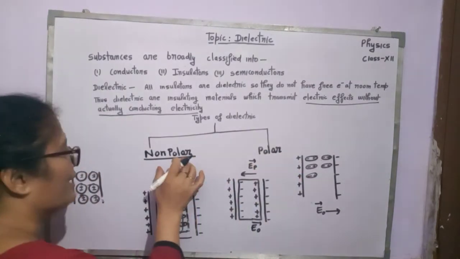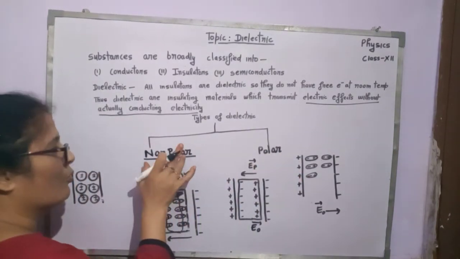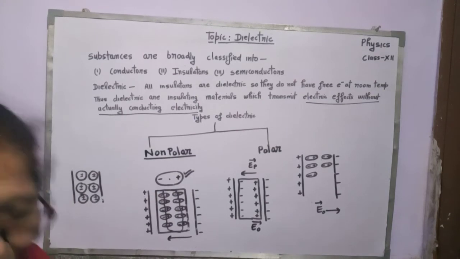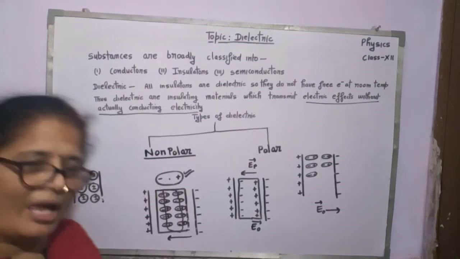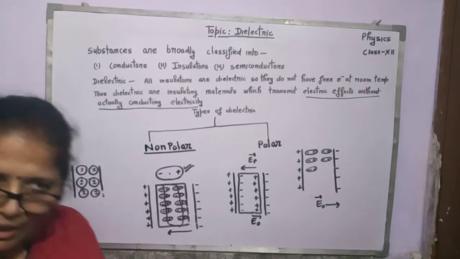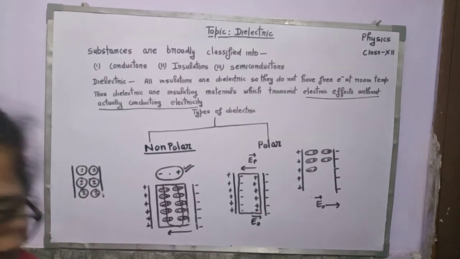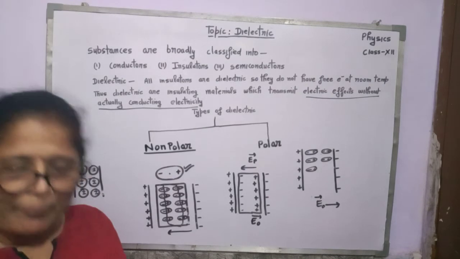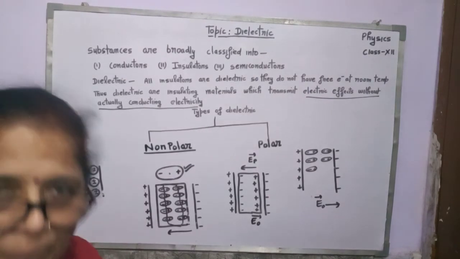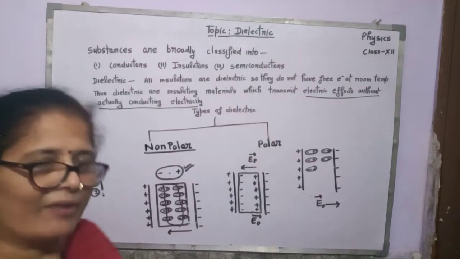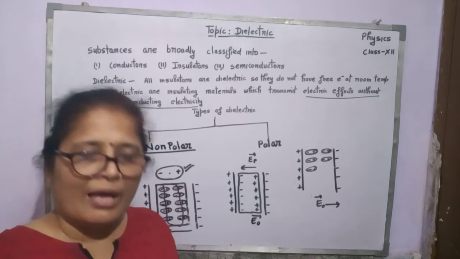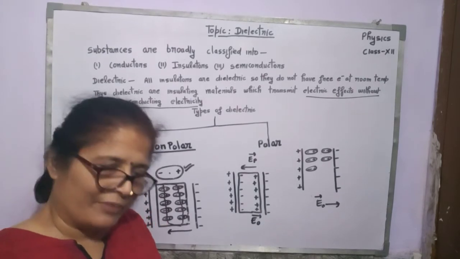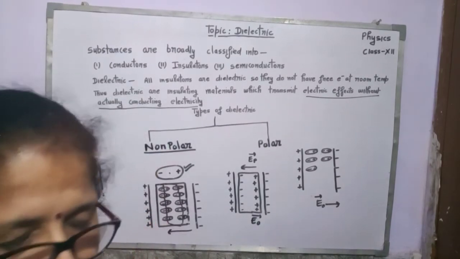In dielectrics, we use only the non-polar molecules because in the absence of the external electric field, the electric dipole moment is zero. Each molecule has no electric dipole moment, but when they are placed in an external electric field, each molecule acquires a value of the electric dipole moment.